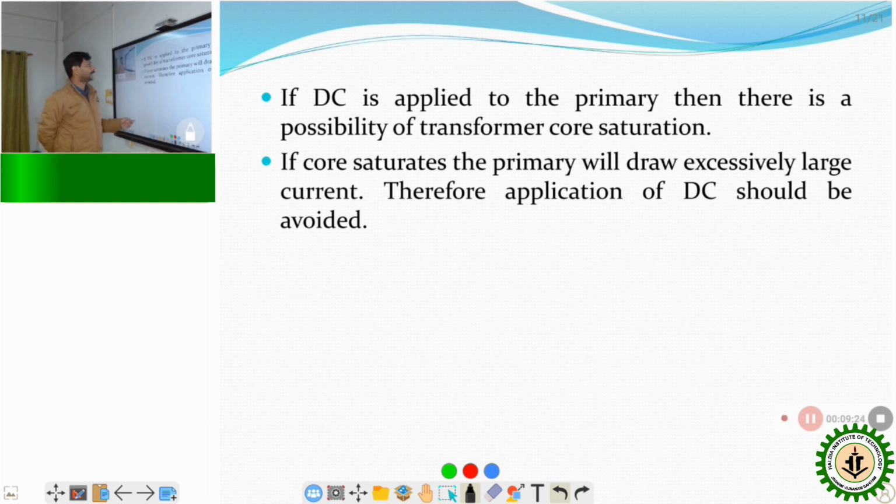Moreover, if DC is applied to the primary, there is a possibility of transformer core saturation, because the current is constant. If the core saturates, the primary will draw excessively high current. Therefore, application of DC should be avoided, and this is very important.